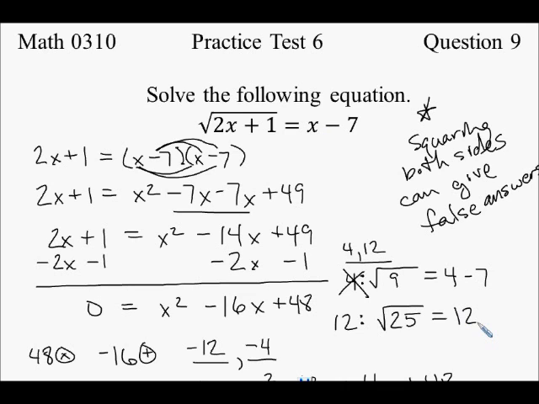And we know the square root of 25 is 5, and 12 minus 7 also gives us 5. So this one checks out okay. And we would say out of our two potential answers, 4 and 12, 12 is the only answer that checks here. So our only answer then is going to be 12. And that gives us answer choice D.